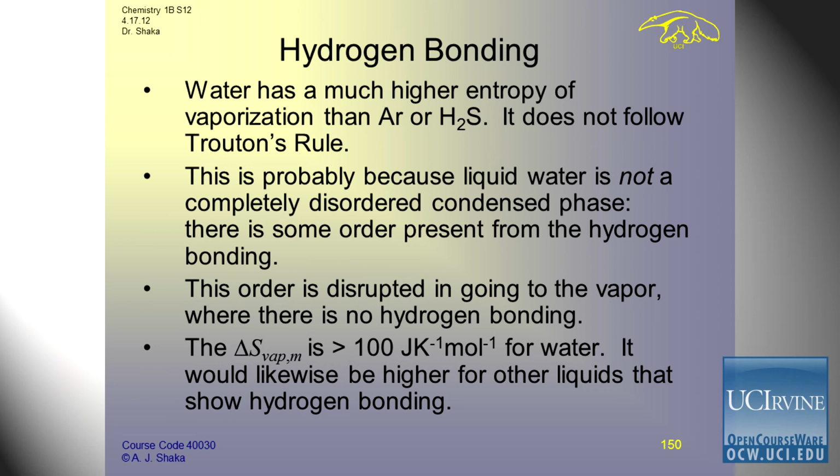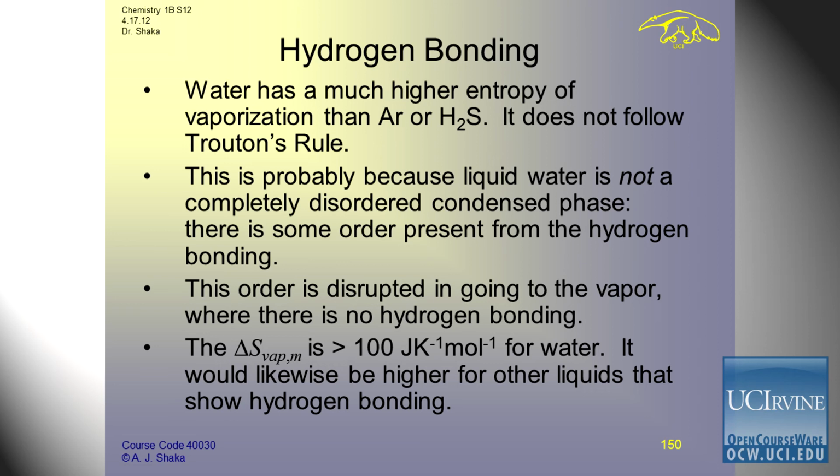So we know that a hydrogen bond is a strong type of intermolecular force. And what it does is it makes the liquid a little more ordered than it's supposed to be, right? And therefore Trouton's law doesn't apply for them. So this order is disrupted going to the vapor, where there's no hydrogen bonding.